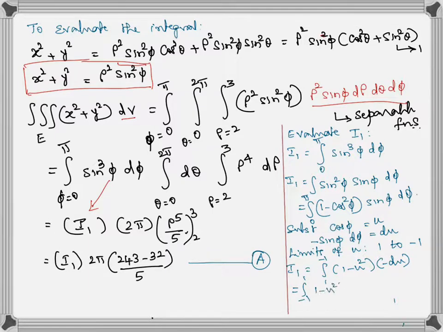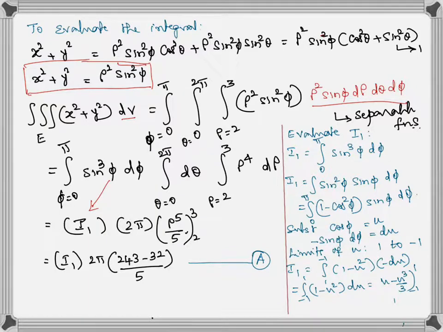Taking into account this negative sign, we can switch the limits, which changes the integrand to positive. So we get the integral from negative 1 to 1 of 1 minus u squared du. On integration, it becomes u minus u cubed over 3 between negative 1 and 1.